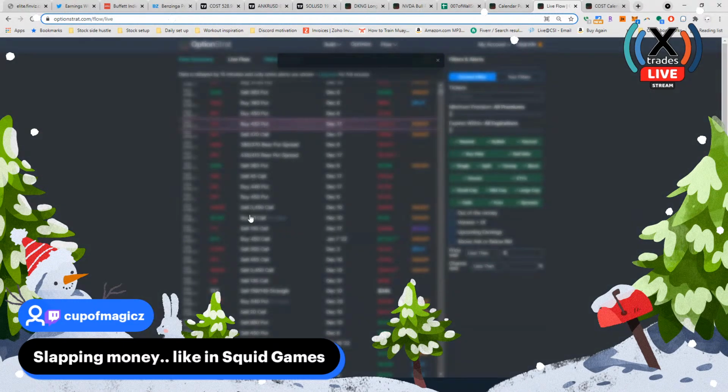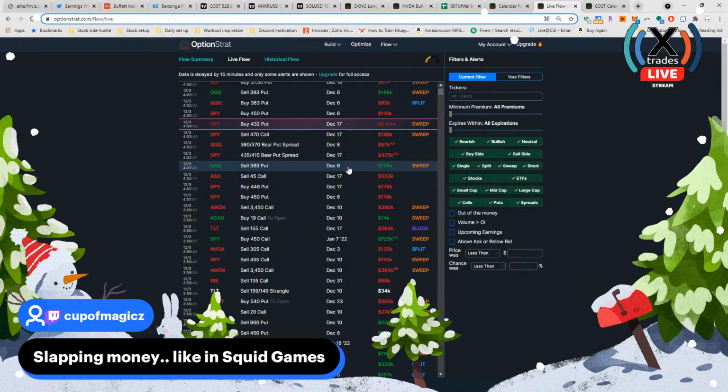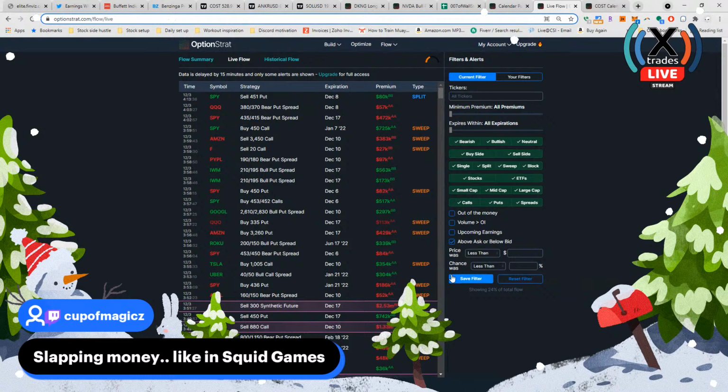It doesn't really tell you what people are buying or selling, I don't think. Oh, it doesn't say if it's at the bid or ask. I think there's a setting on the right. Yeah, it says above ask or below bid. Below bid is when they're selling. Above ask is when they're buying.